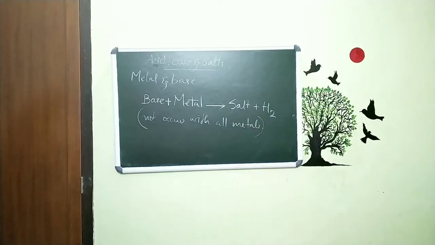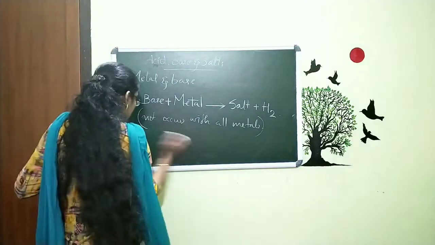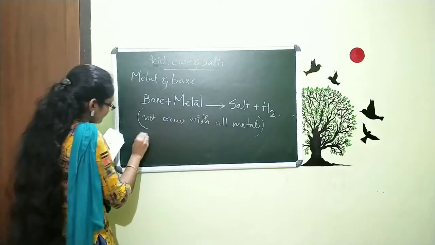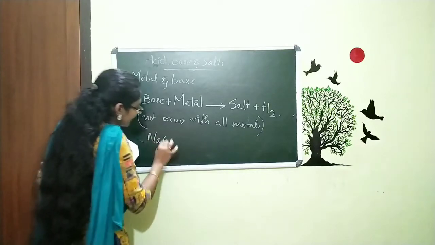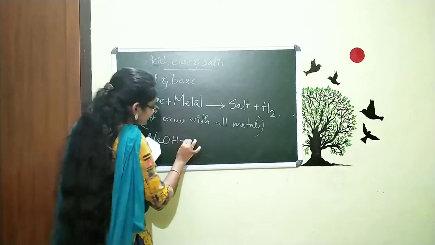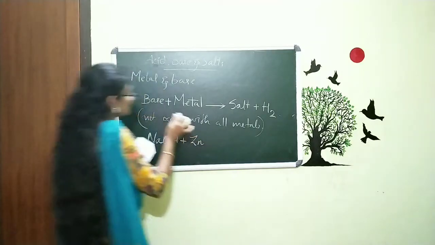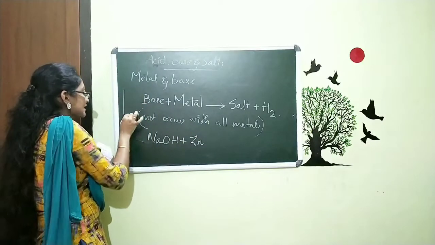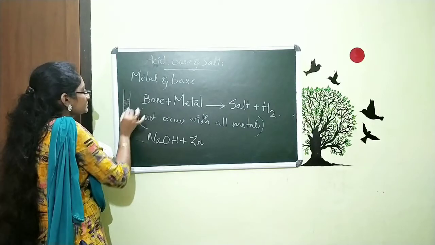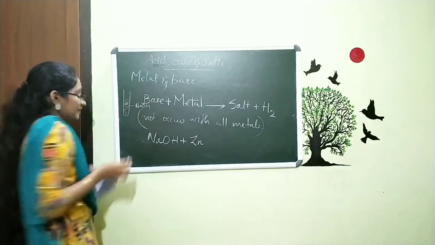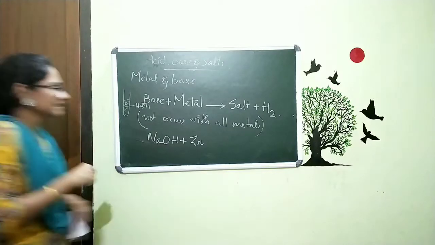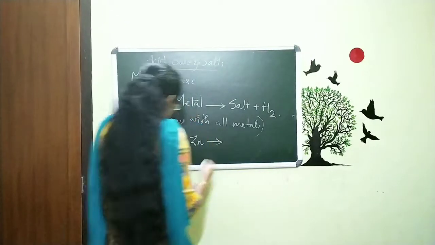Now we are going to write the equation of sodium hydroxide reacting with zinc. That is the experiment we conducted. We collected sodium hydroxide and zinc in a test tube and we got a certain type of gas and salt. What is the salt?